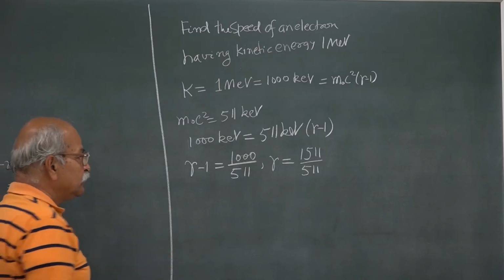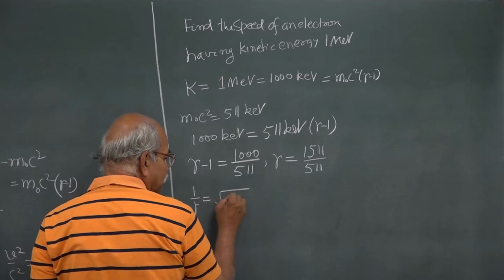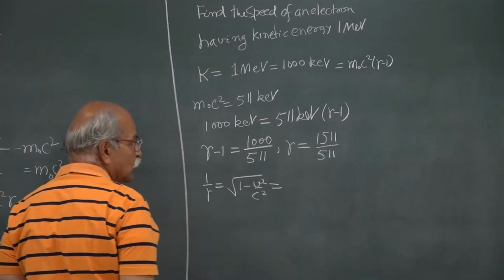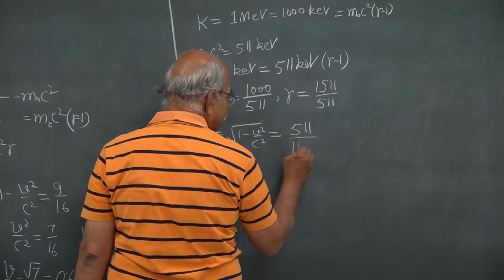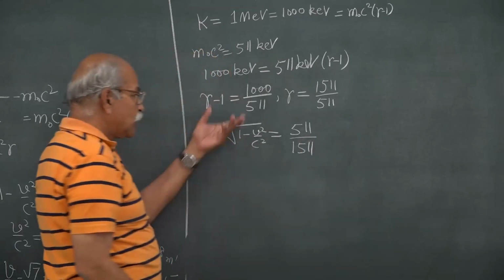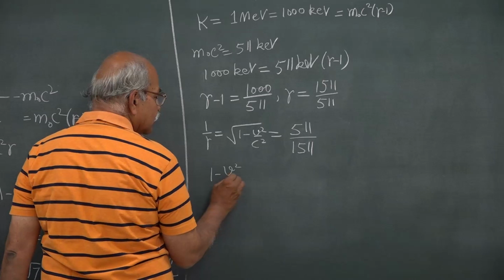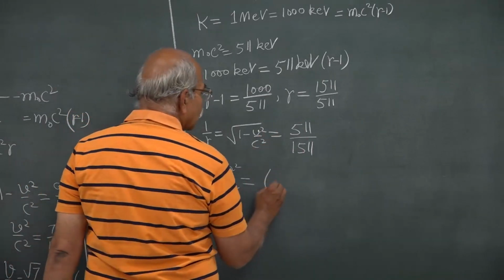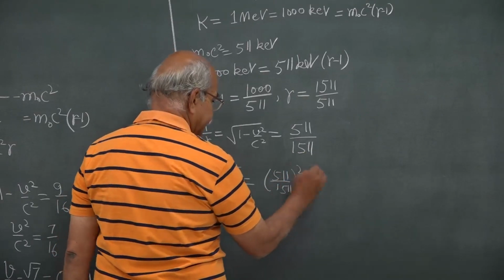And then you can write 1 by gamma, which is square root of 1 minus v square by c square, and that is equal to 511 divided by 1511. So square to get 1 minus v square by c square, that is 511 by 1511 square.